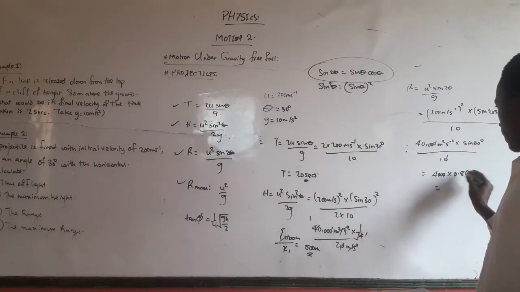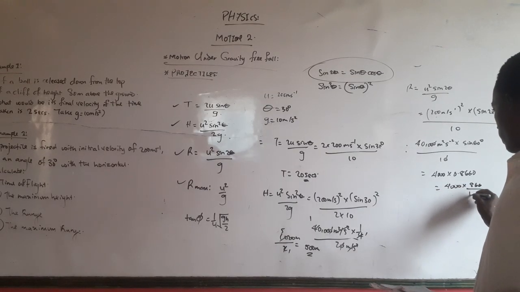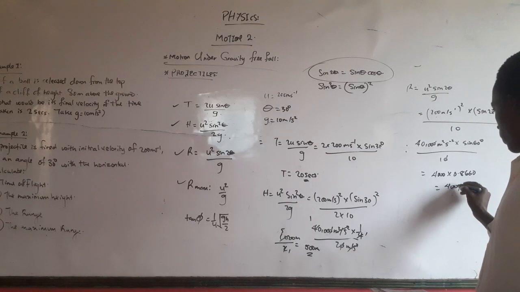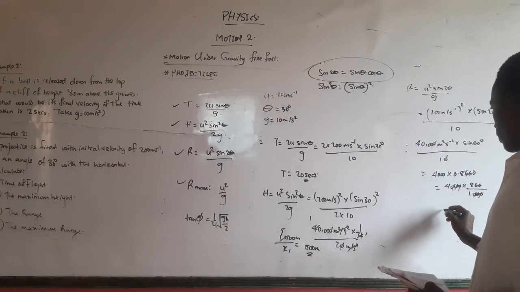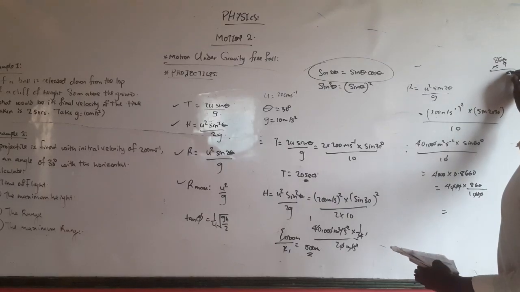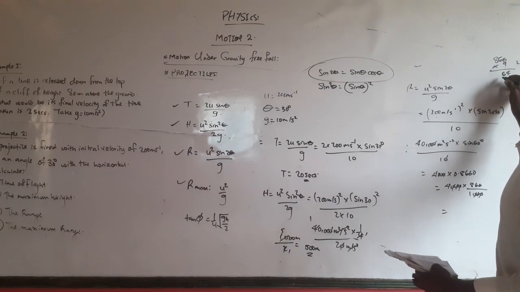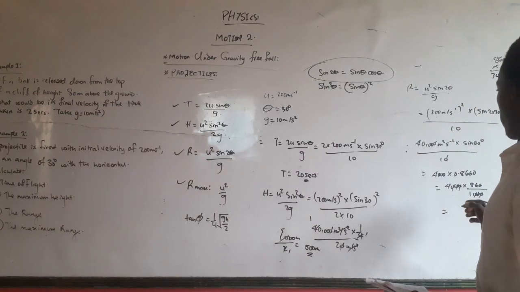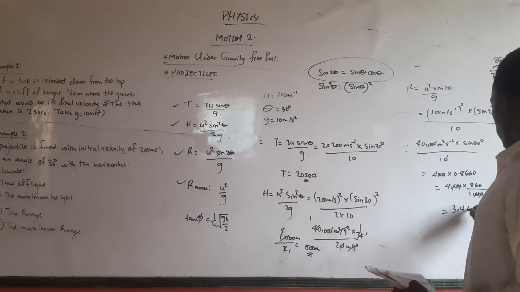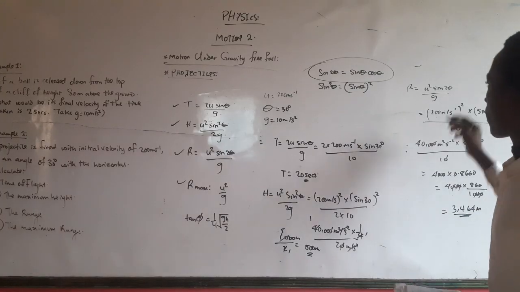You have 4,000 multiplied by 866 over 1,000. Multiplying everything together, 866 multiplied by 4 times 4, 2, 24 plus 26, 2, 32, 34. So we have 3,464 meters. Yes, it should be meters. Do you understand? This is what we call the range.